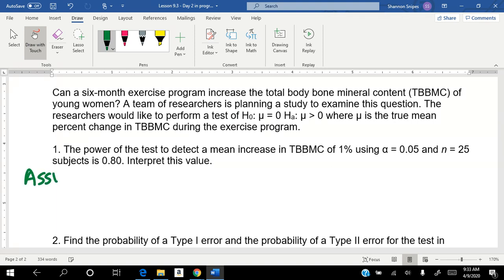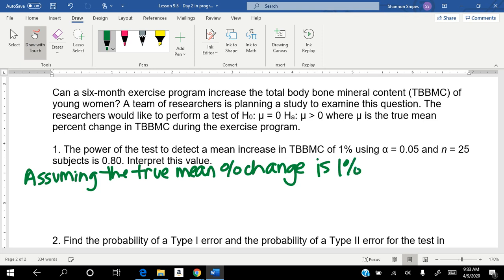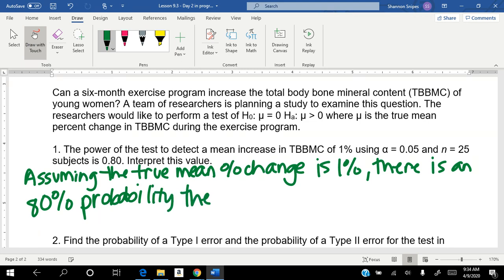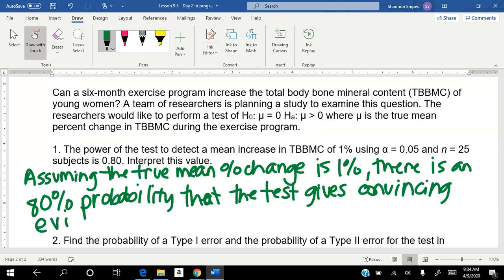Assuming the true mean percent change is 1%, there is an 80% probability that the test, and by test I mean the significance test, the one sample t-test because it's means, gives convincing evidence for the alternative.